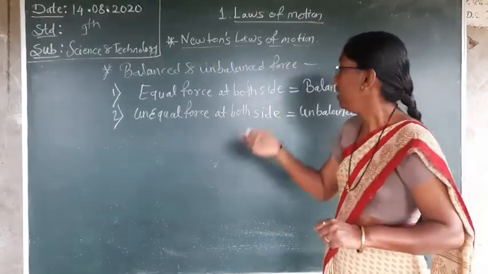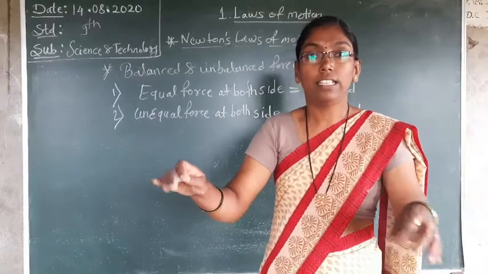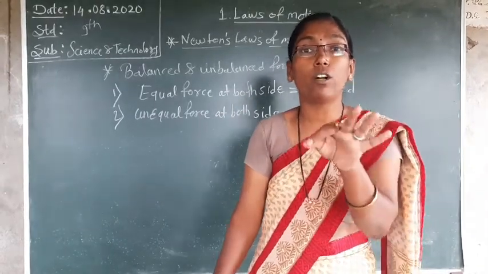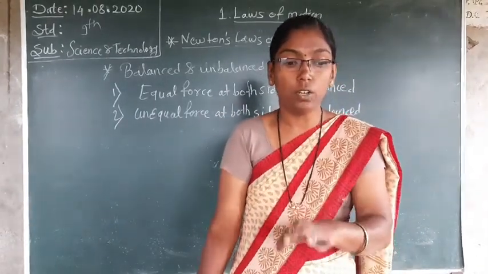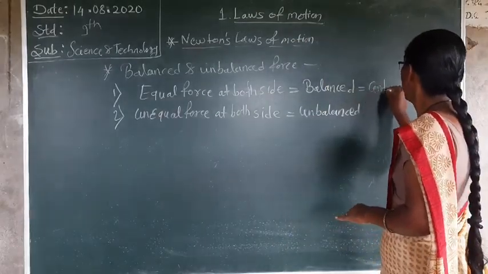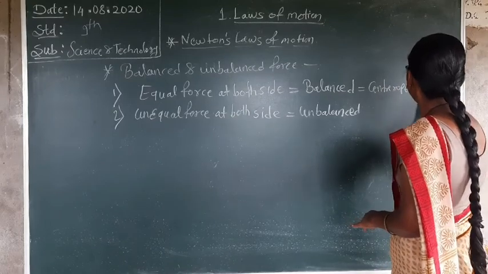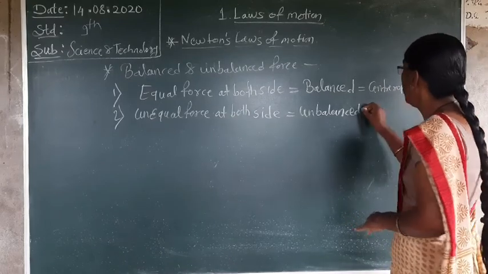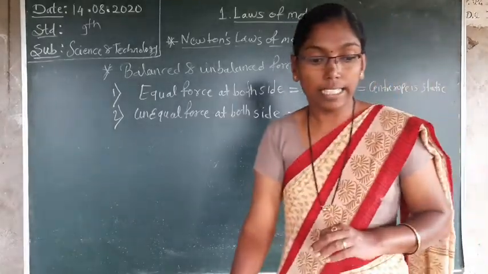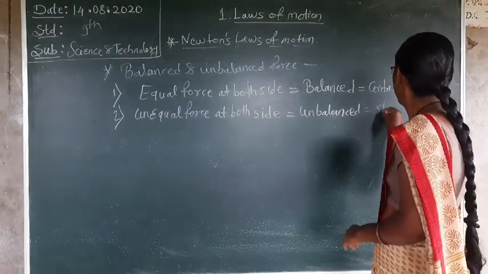What happened? In balanced force, the same force is there, balancing. Then what happened to the center rope? The center rope is static in balanced force. And in unbalanced force, the center rope is shifted in a direction.